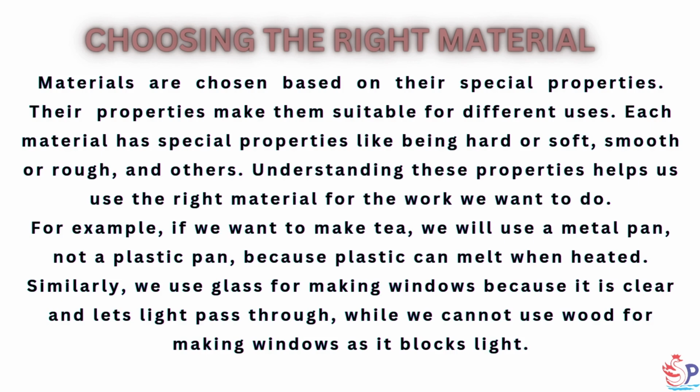For example, if we want to make tea, we will use a metal pan, not a plastic pan, because plastic can melt when heated. Similarly, we use glass for making windows because it is clear and lets light pass through, while we cannot use wood for making windows as it blocks light.